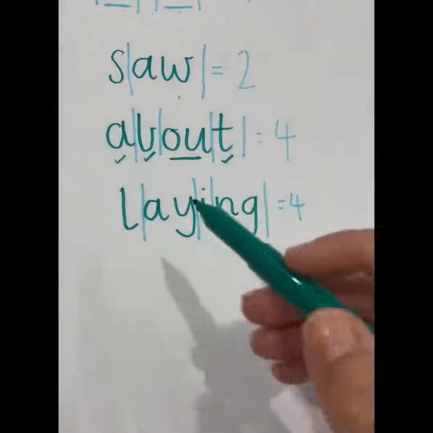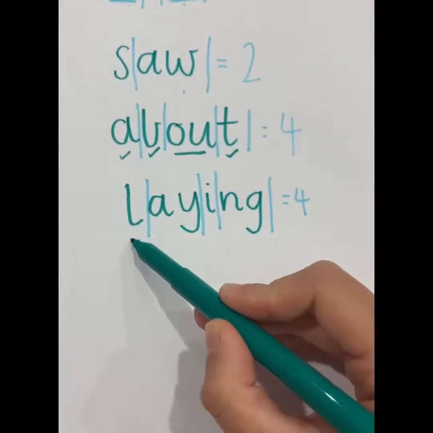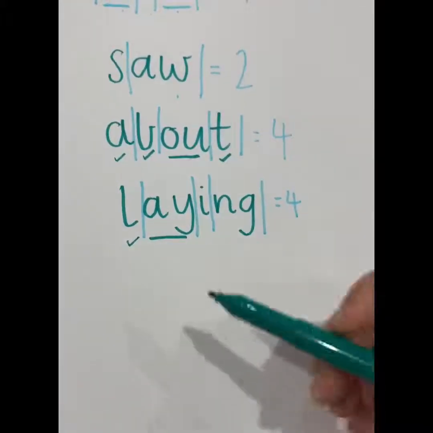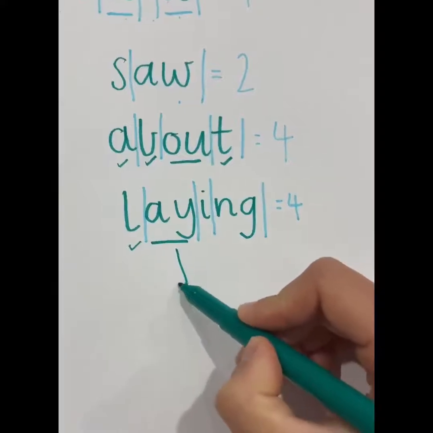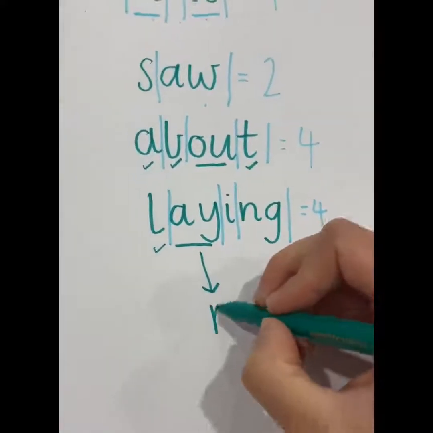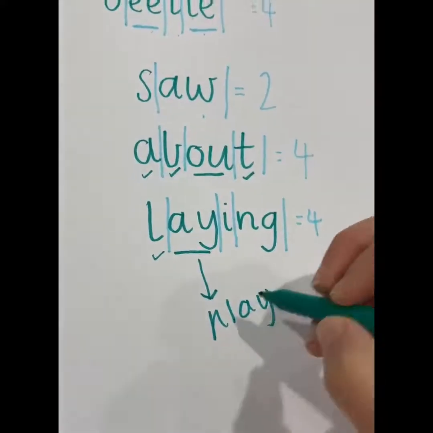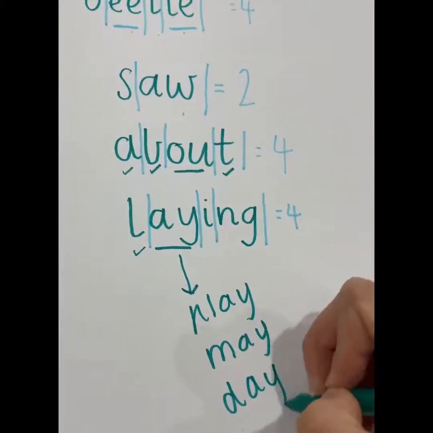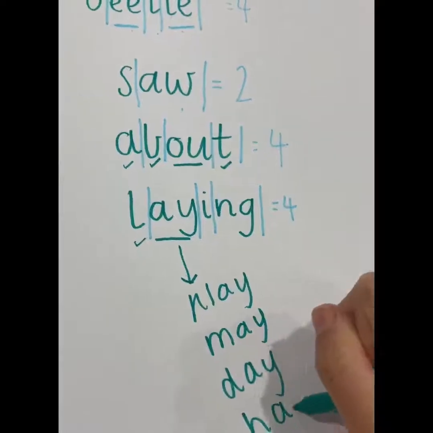Now let's have a closer look. The l, that's a grapheme. It's making 1 sound. Ay, we see this digraph a lot. You'll see it in play, may, day, hey.